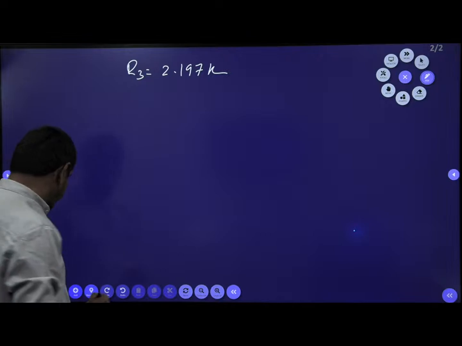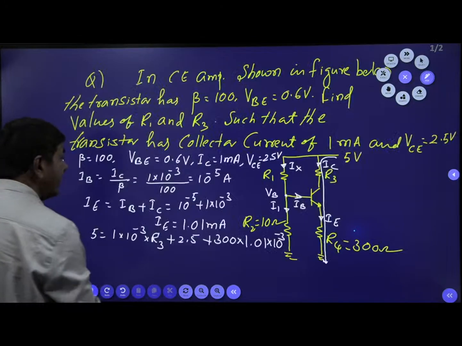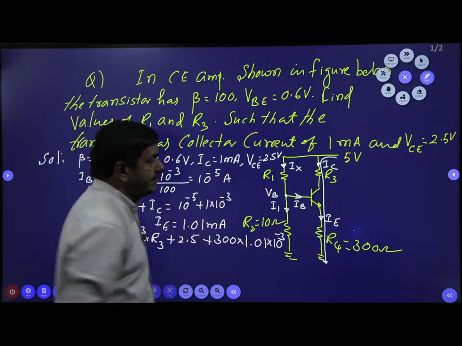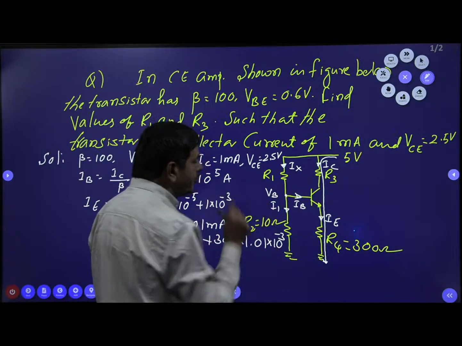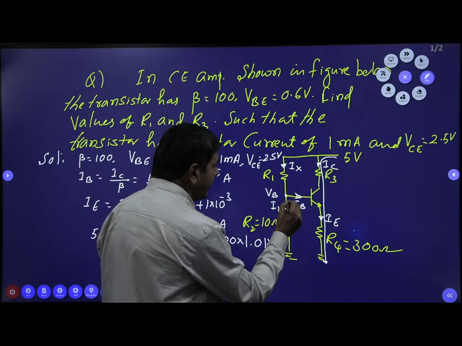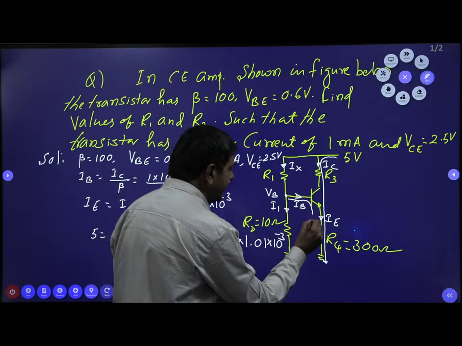Now I wish to get the R1 value also. To get R1, we know the IB value, and we need to find the VB value first. How to get VB? Just apply KVL in this direction.